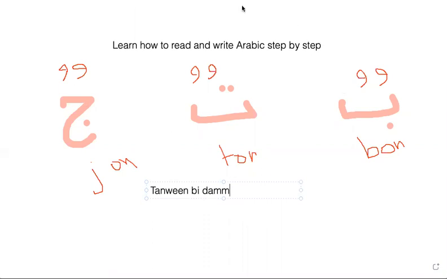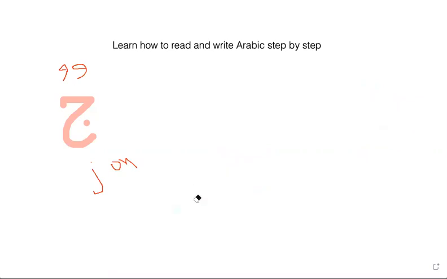All right, I'm going to introduce also the first letter of the alphabet that we saw before. Like I said, go back to other lessons. So here we have Alif.